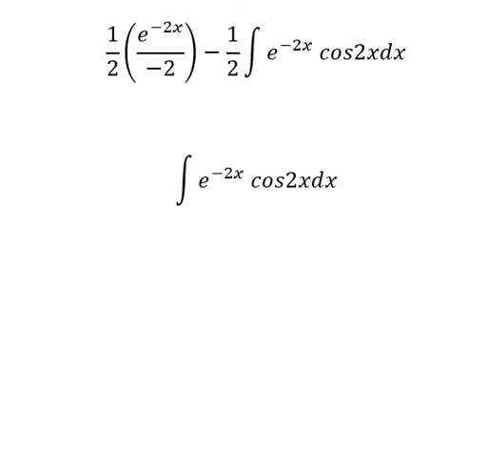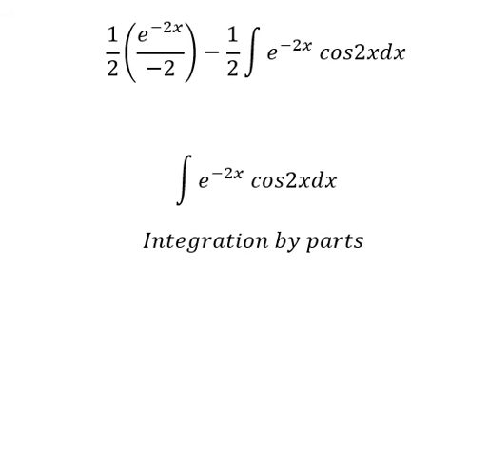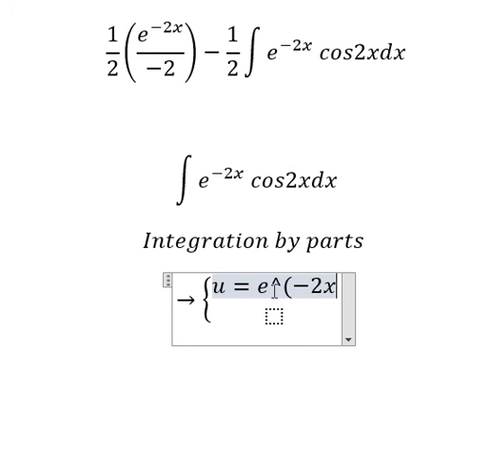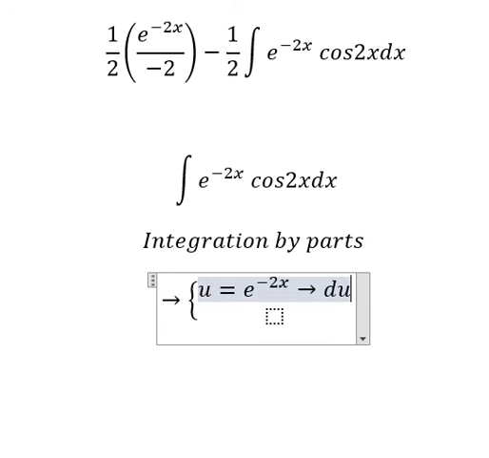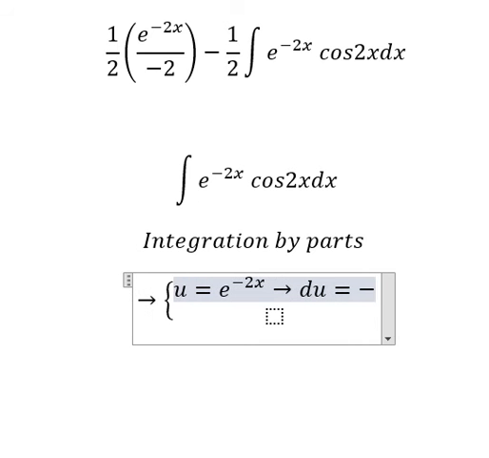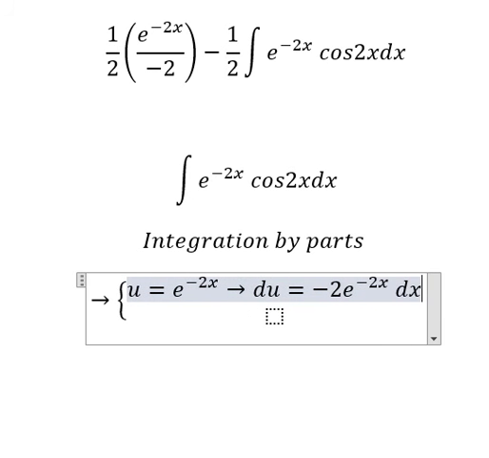So we need to use integration by parts. We will have u equals e to the power of negative 2x. So if we first take the derivative of both sides, you get du equals negative 2 e to the power of negative 2x dx.